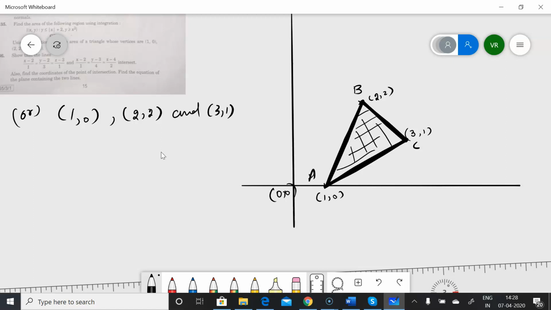Now let us take the vertices as A 1, 0, B 2, 2 and C 3, 1. I can mark this as D, this as E.